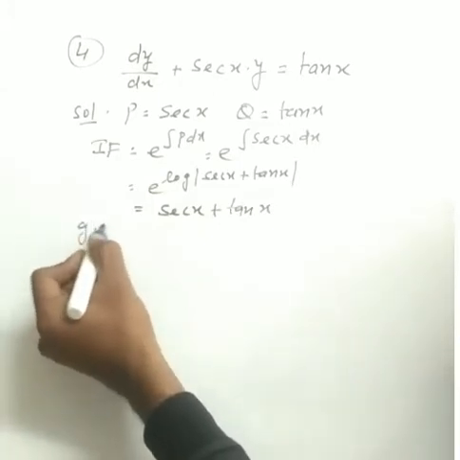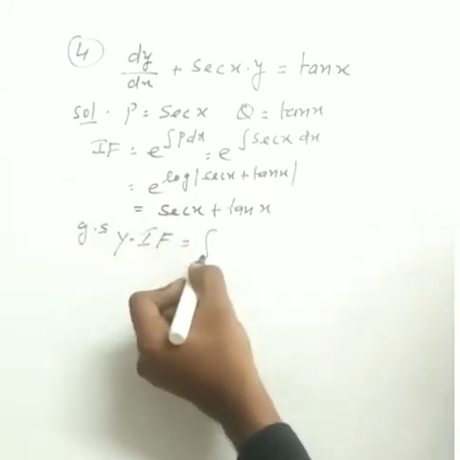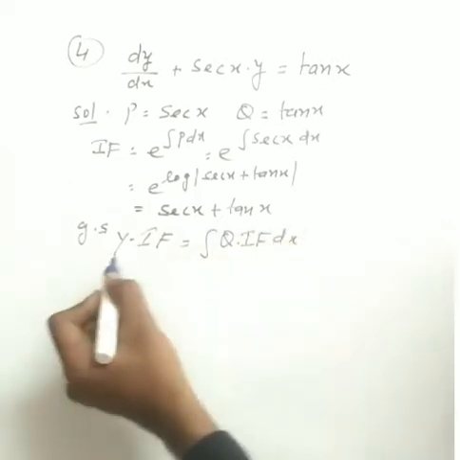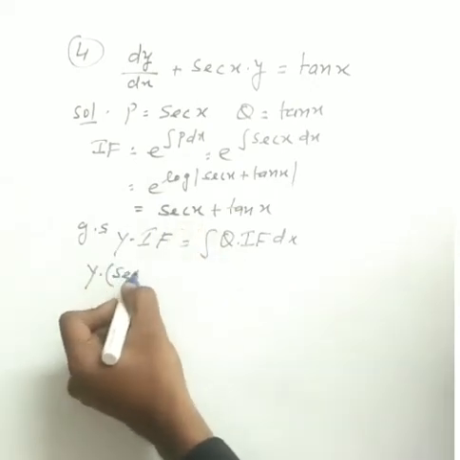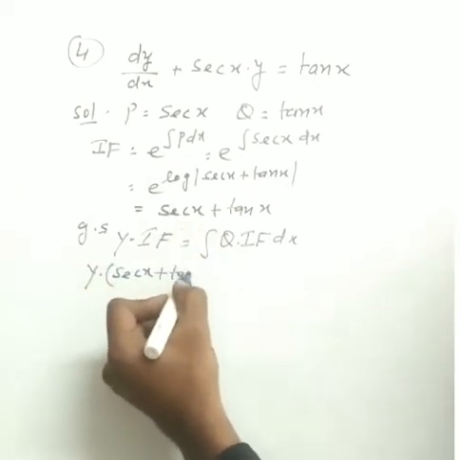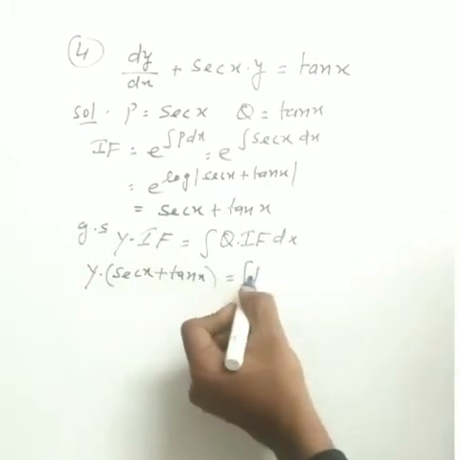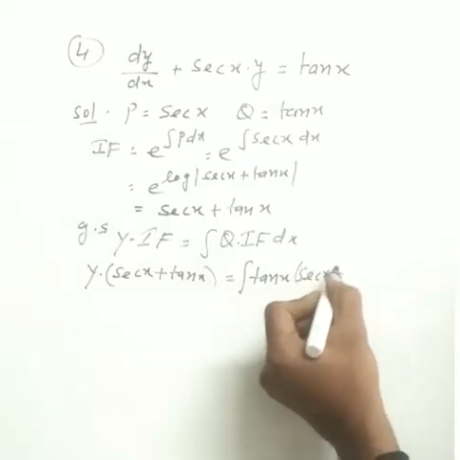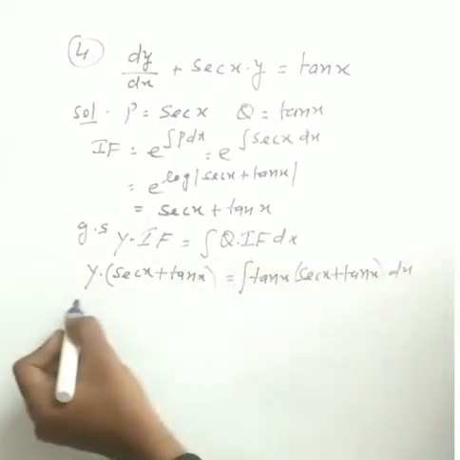Now the general solution: y times IF equals integration of Q times IF dx. So y times (sec x + tan x), where integration of Q is tan x and IF is sec x + tan x, dx.